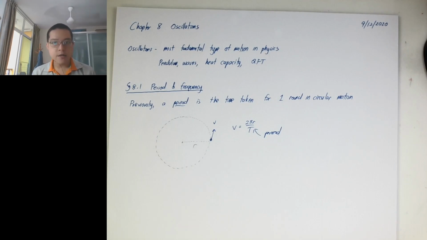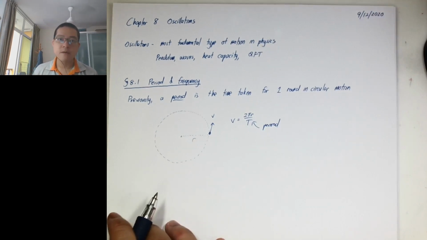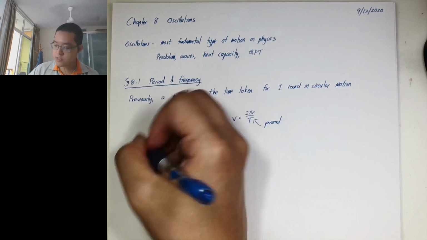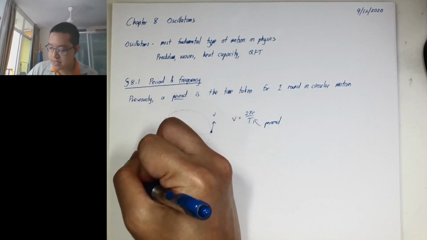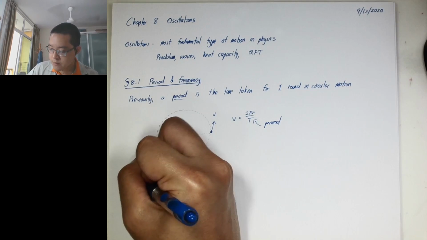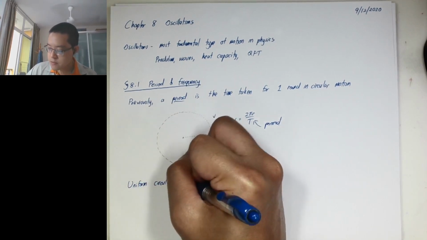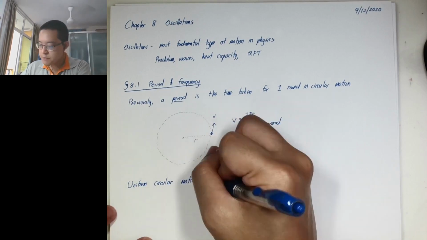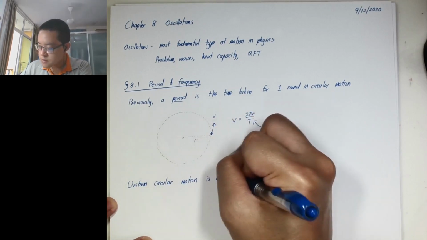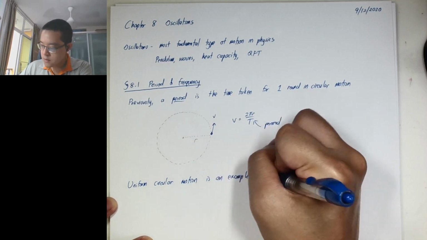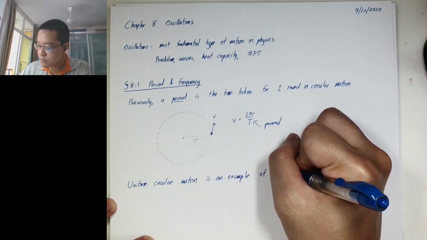Circular motion is one example of a periodic motion. I would emphasize we're talking about uniform circular motion. Uniform circular motion is an example of a repeating motion.